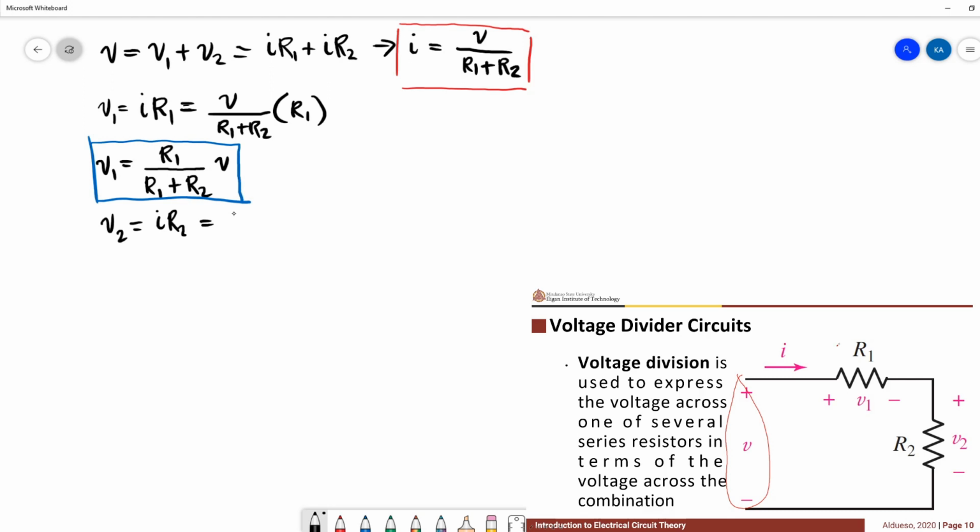So using the same method, I is V over R1 plus R2 times R2. We have V2 is equivalent to R2 over R1 plus R2 times V.